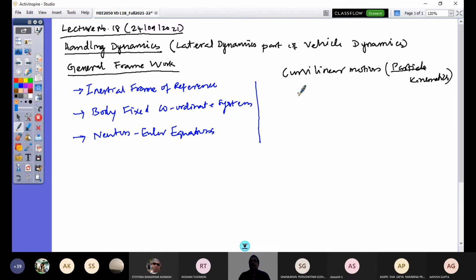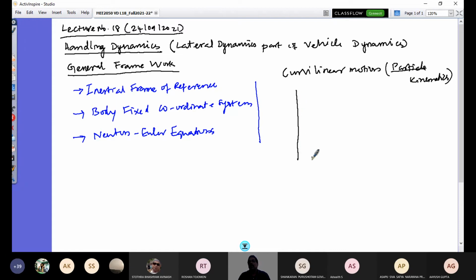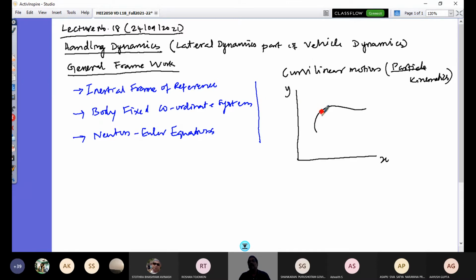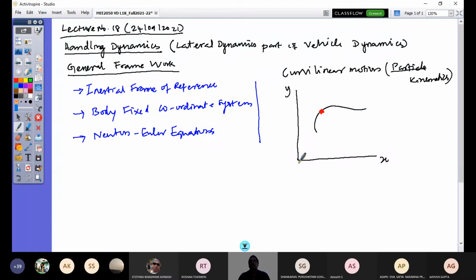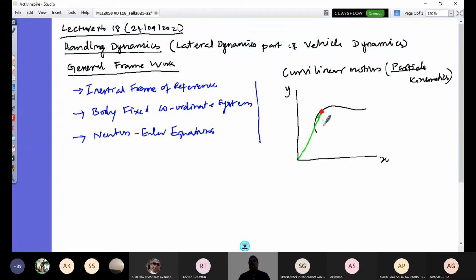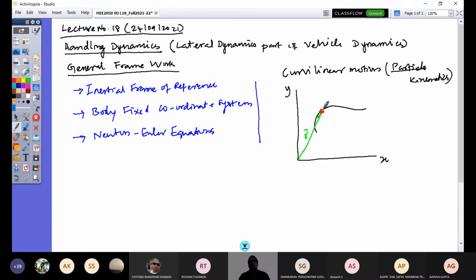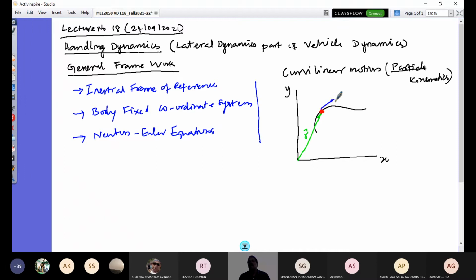You know we understood this with a coordinate system, say x, y, and I have here my curved path, and I would be able to represent the motion of my vehicle here by a particle. Instead of the physical geometry of my vehicle, this is my car now on this path. I would be able to explain my motion geometry by its position vector R, and explain the motion on this path, its trajectory, by its velocity, always tangential to the curved path, the velocity vector.